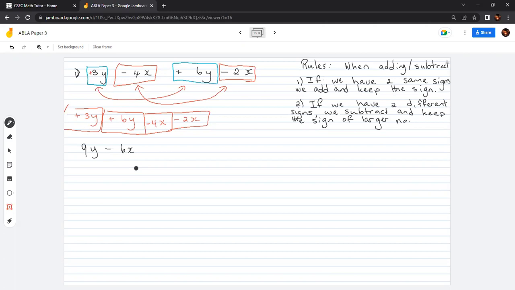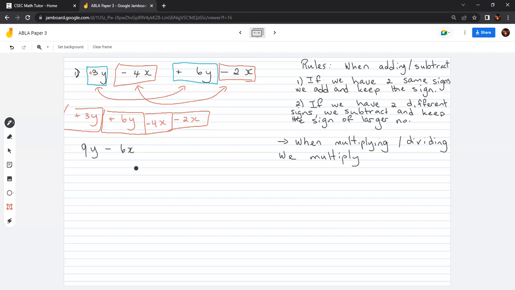Now, another set of rules we must know is when multiplying and dividing. Now, the rule is you're going to multiply or divide like normal. If you don't know these rules, we are going to have a little trouble because everything is based on these rules. Right?